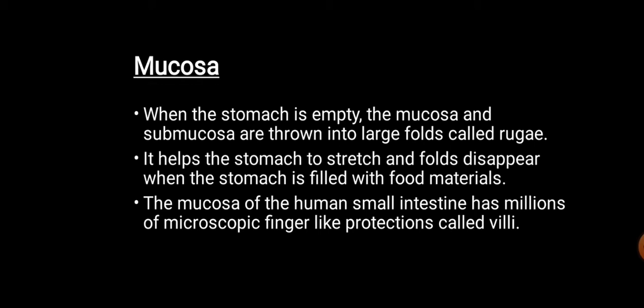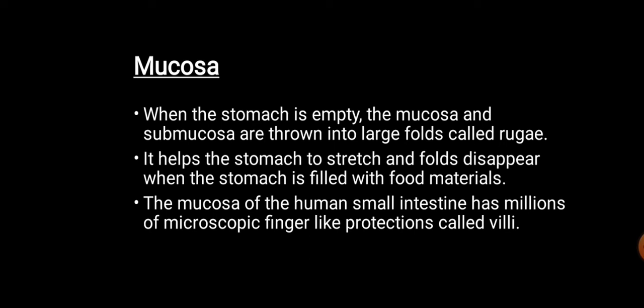The importance of rugae is that they help the stomach to stretch when it is filled with food. That is, when the stomach is empty, the mucosa and submucosa express themselves in the form of folds, and these folds stretch when the stomach is filled with food materials.